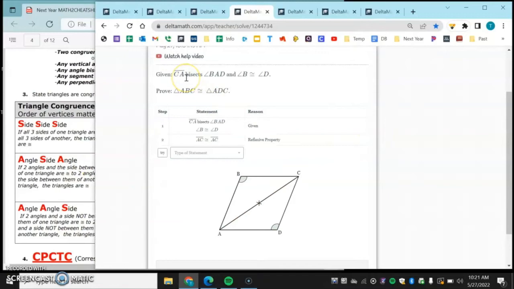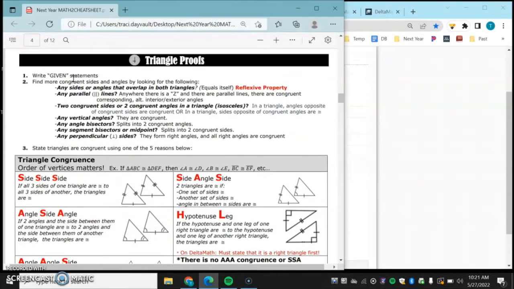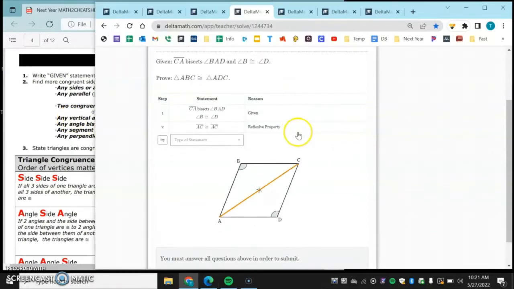Let's look at the fact that it says bisect. A bisector of an angle splits it into two congruent angles. So this tells me that CA bisects angle BAD. In other words, it splits angle BAD into two congruent angles.